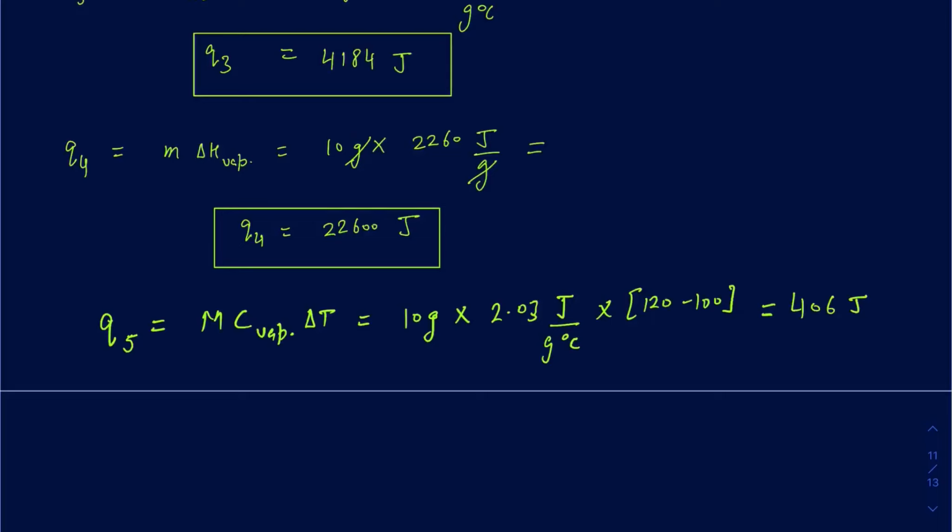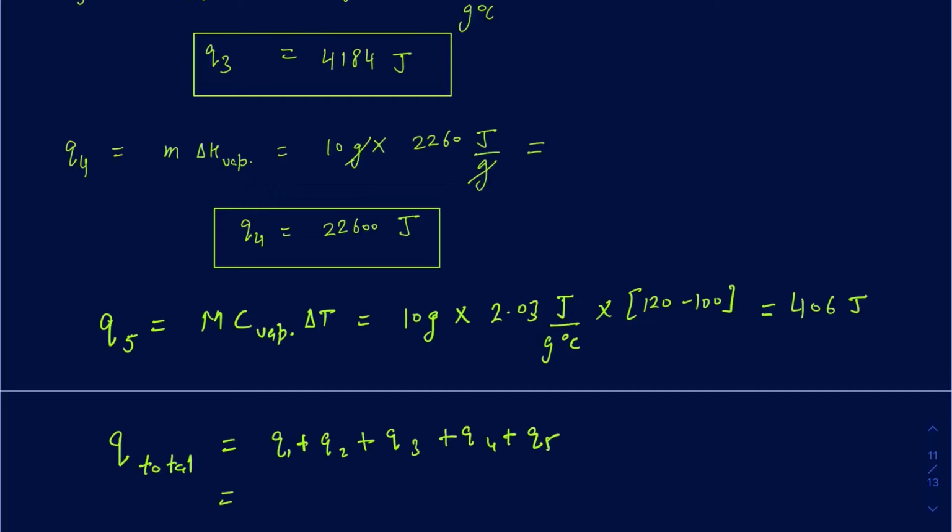To get the total energy, I have to add all those up. So Q total is Q1 plus Q2, Q3, Q4, and Q5.